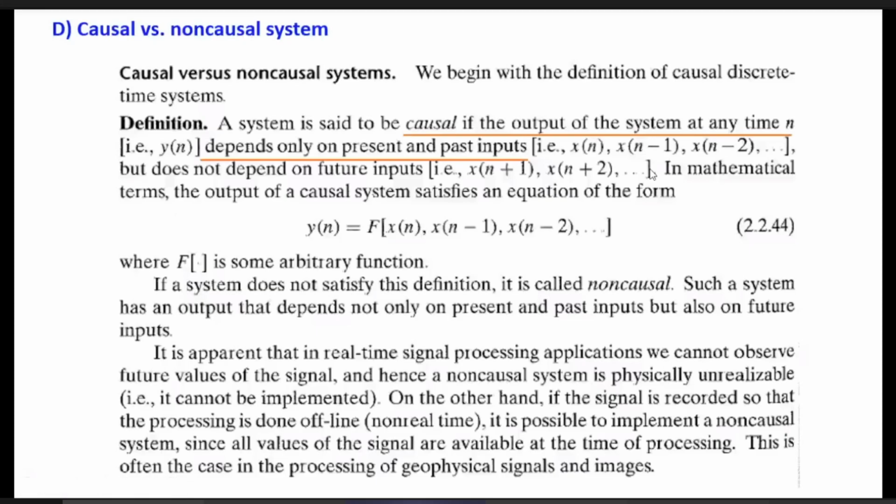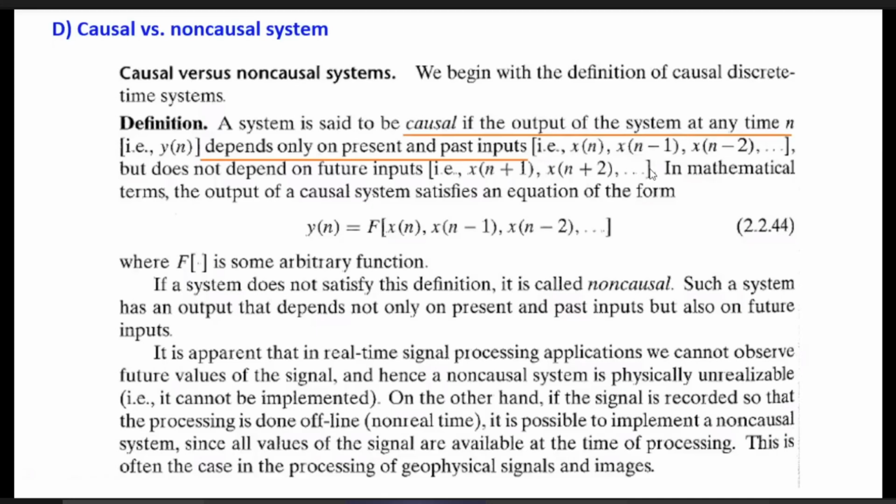Why are they future? Because if we consider the present time n equal to 0, then x of 1, x of 2 are the future. Or take any present time, let us say n equal to 5.